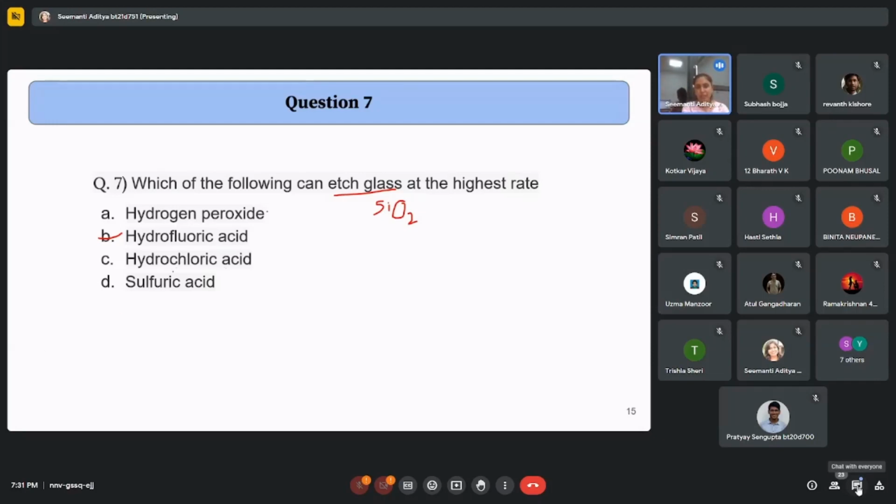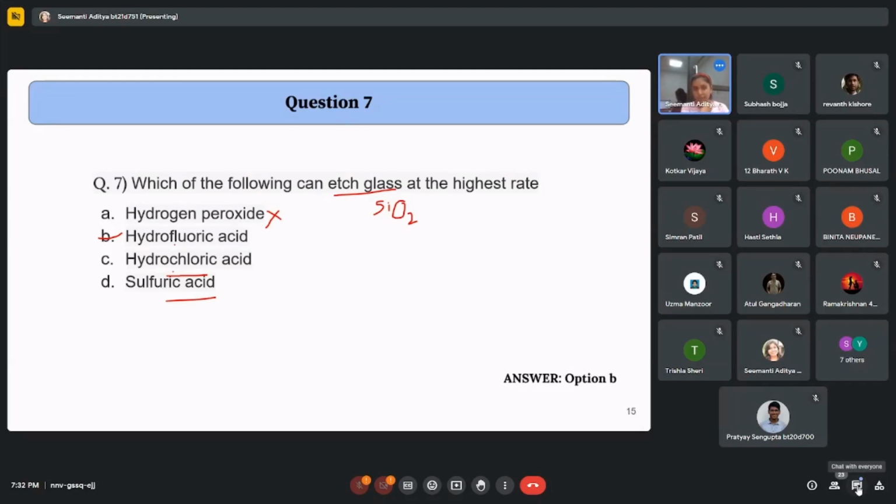Hydrogen peroxide is not going to affect because it's not an acid, but hydrochloric acid and sulfuric acid do not react with glass. But with hydrofluoric acid, the fluorine reacts with oxygen and replaces it. So it will etch the glass at the highest rate. So option number B is correct.